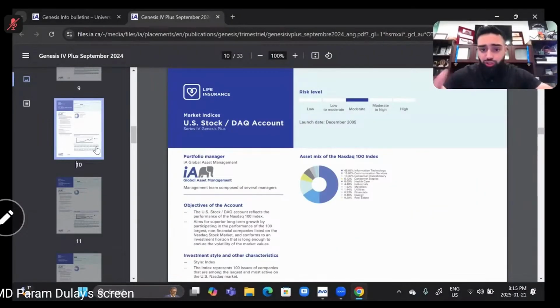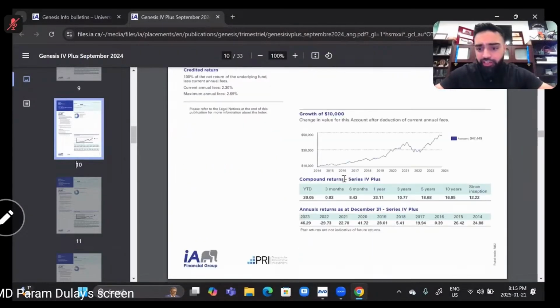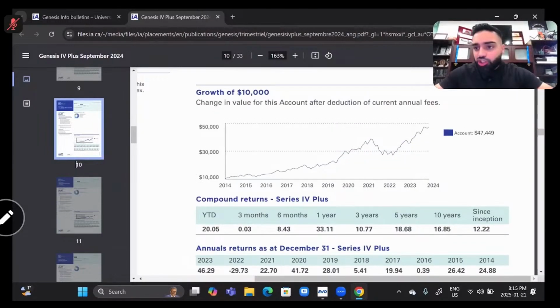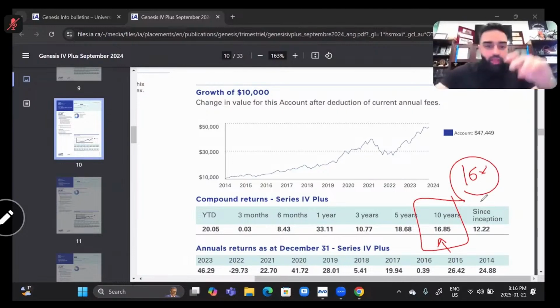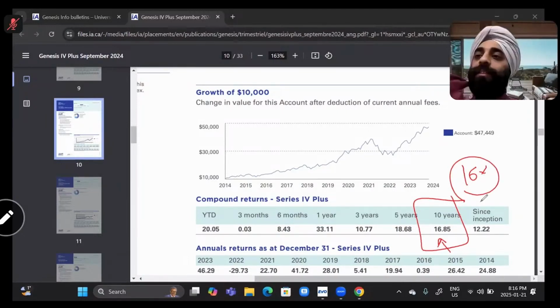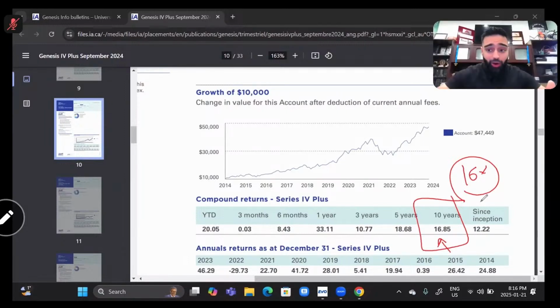I usually do a US DAC account over here. What you want to mainly look at is the return over the last 10 years. Over the last 10 years, right over here, it's been 16%. Remember, what did we run the illustration at? 6%. So all the numbers I'm going to show you right now are based on 6%, not 16%.